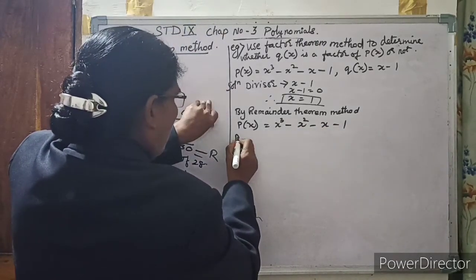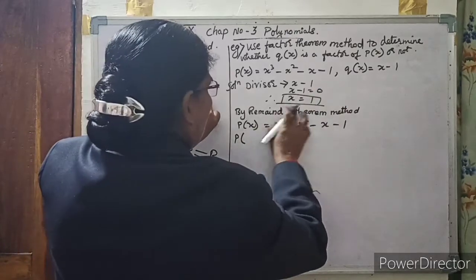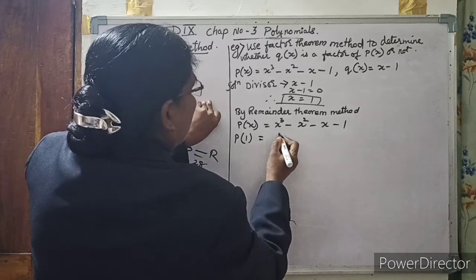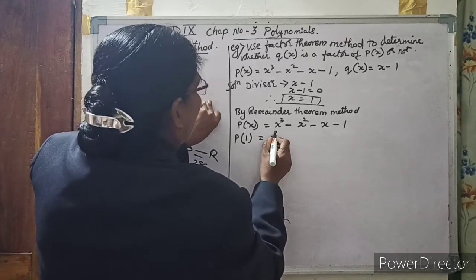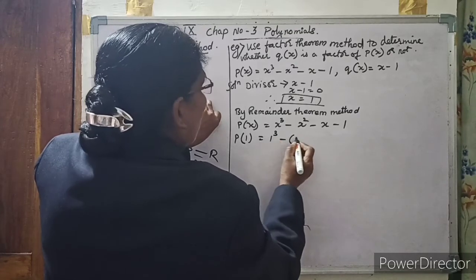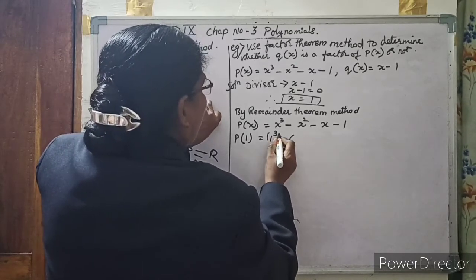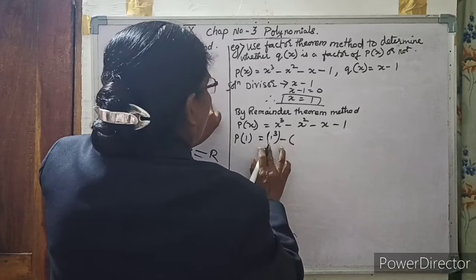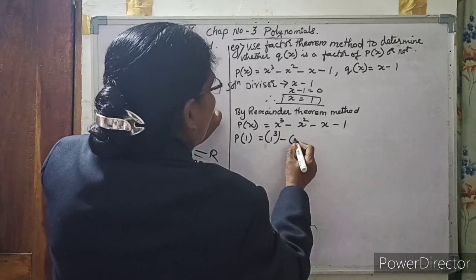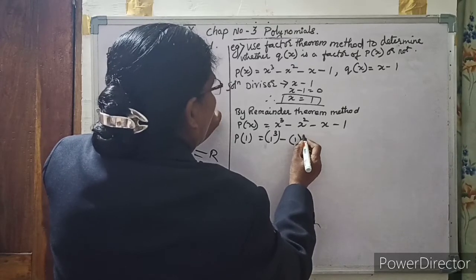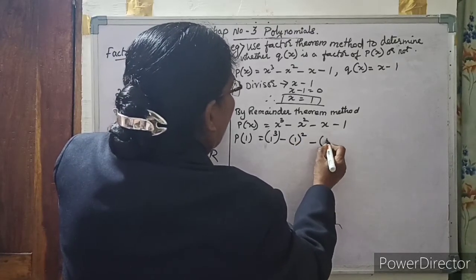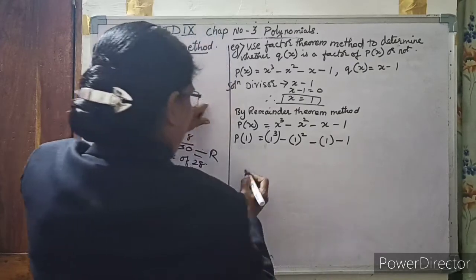Now we take the value x equal to 1. It is equal to 1 cube, then minus 1 square, then minus 1, and minus 1 as it is.